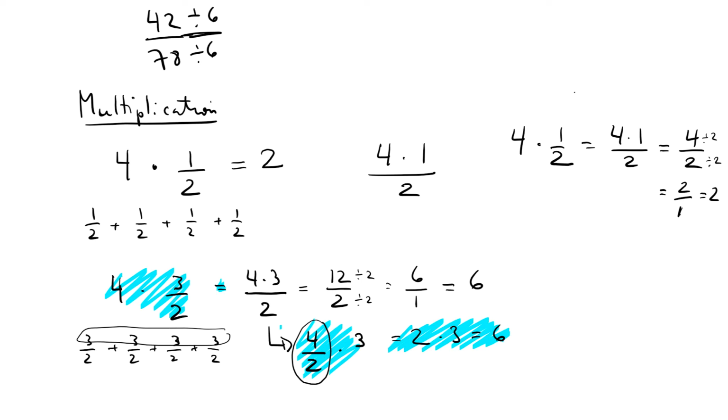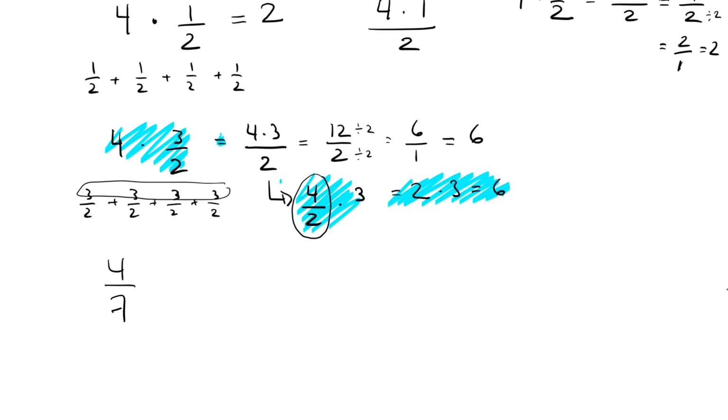Let's do another one. 4 over 7 times 3/2. Okay, now I'm going to be smart here. According to what I see up there, I could say this is the same as 4 times 3 over 7 times 2. If you're not too convinced, well, 4 over 7, that's 4 times 1 over 7 times 3/2, okay?